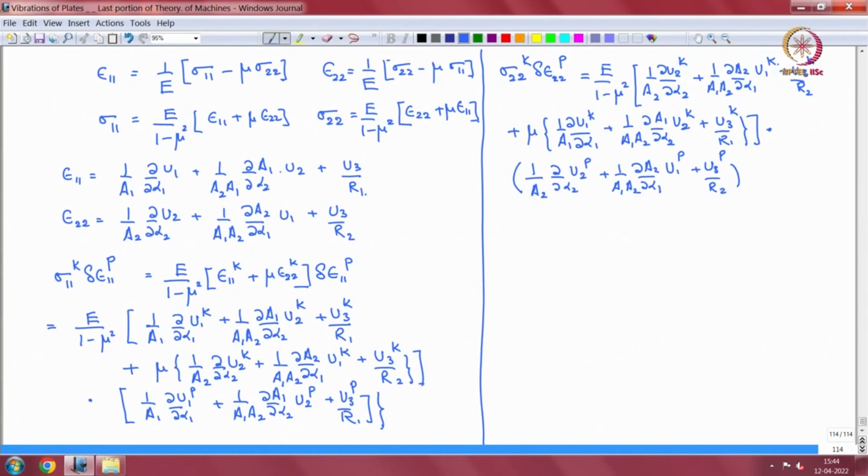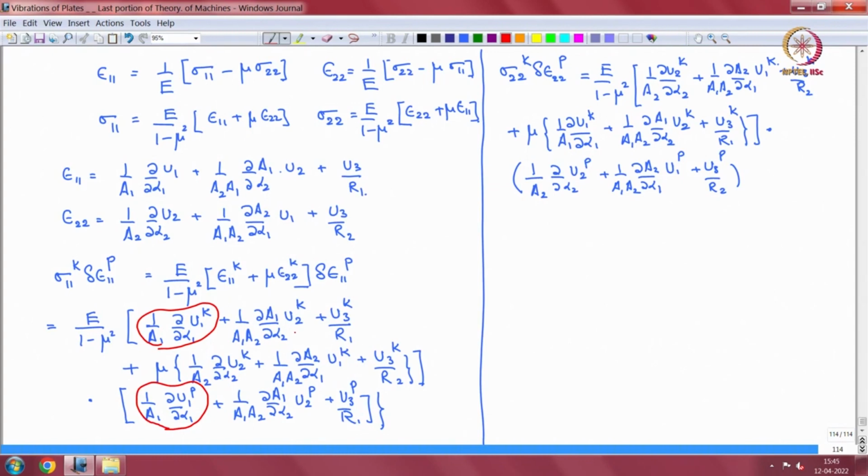So now what do we have? Let's see if we have this term with a U1k, we have this term with U1p. They will go in a product, okay.